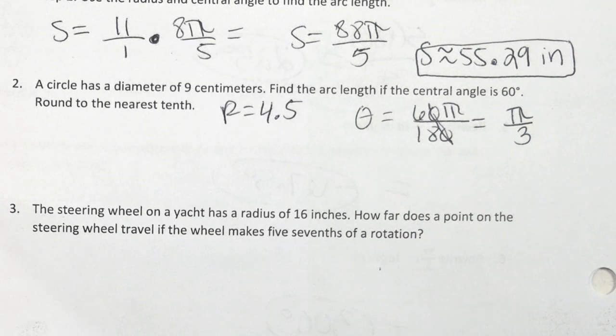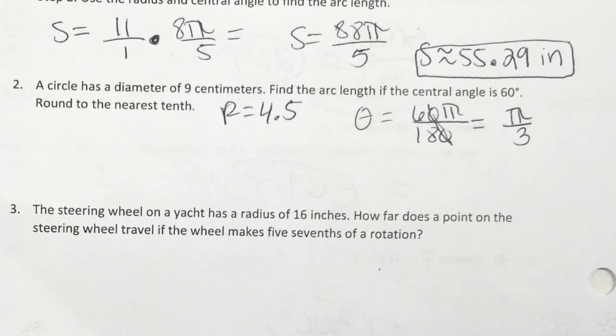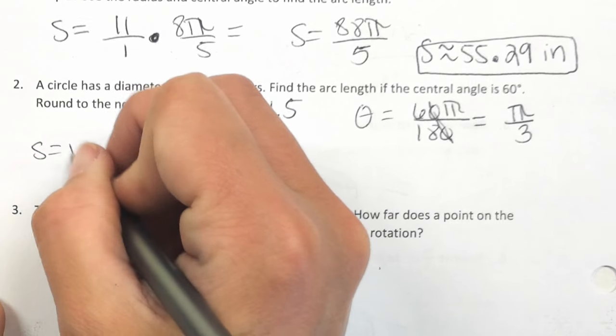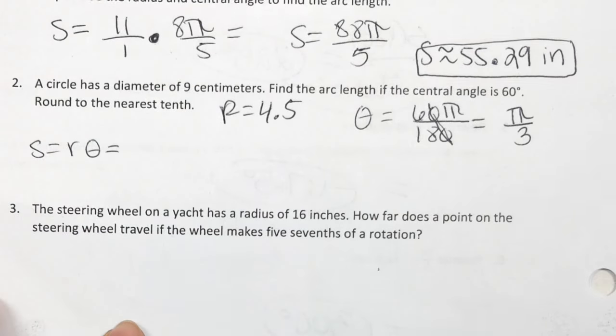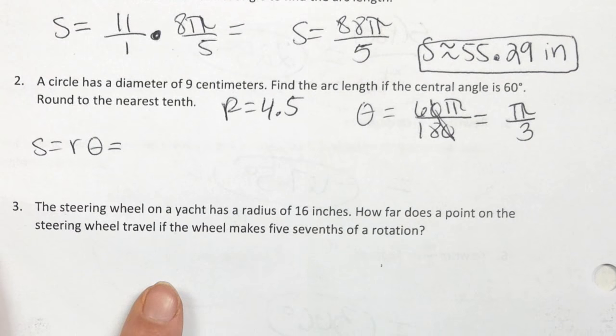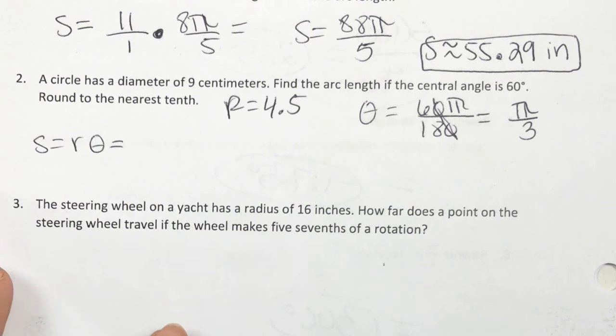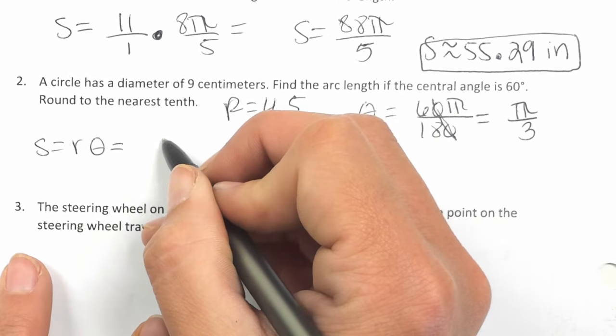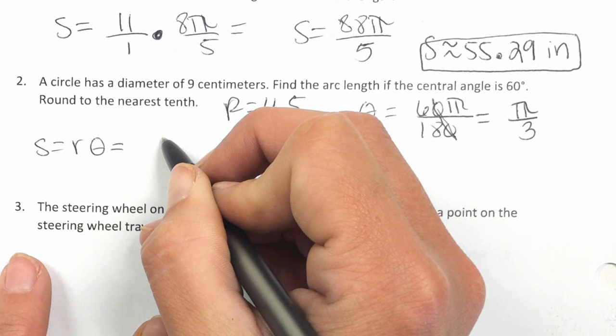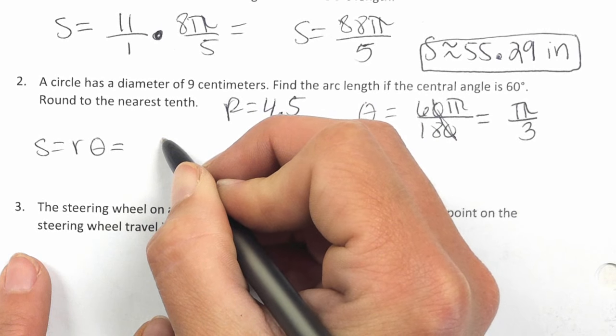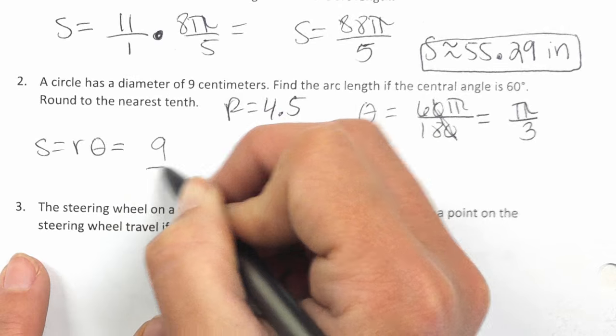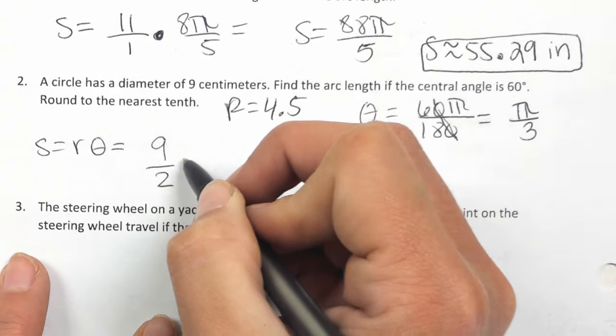And now we can go ahead and find the arc length. And so the arc length is r times theta. Let's go ahead and leave the radius as a fraction instead of a decimal. That'll be easier to multiply. So what is the radius as a fraction? 9 over 2. Good. We had to divide that by 2, right? Times what?